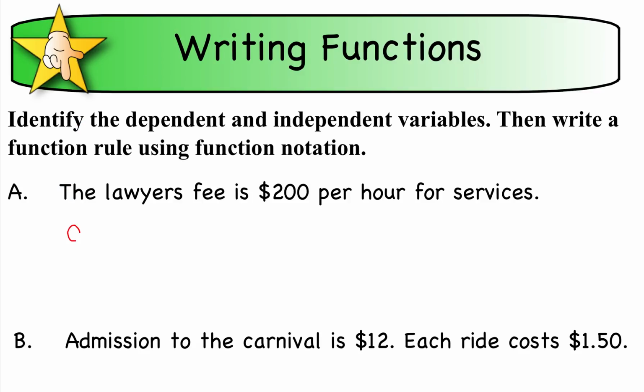So we have cost, and we have time, right? So which one depends on the other? Does the time for services depend on the cost, or does the cost depend on the time? Well, cost is the dependent variable, right? That depends on how much time we need the lawyer to do our work. And the time is the independent, right?